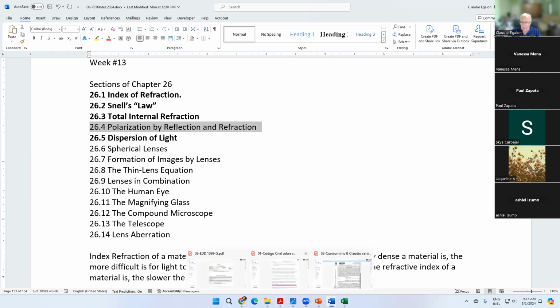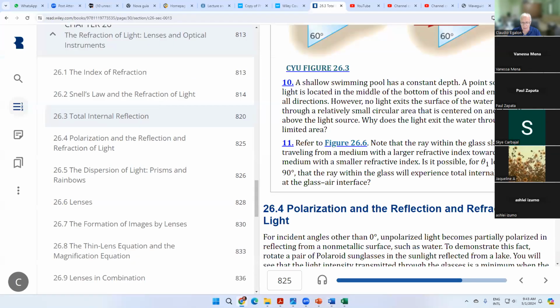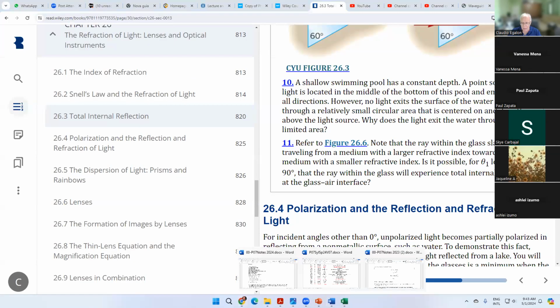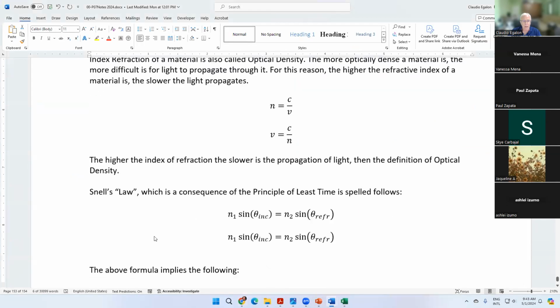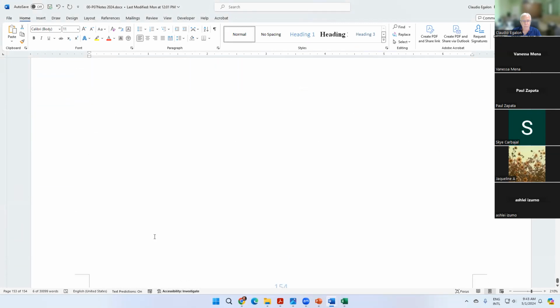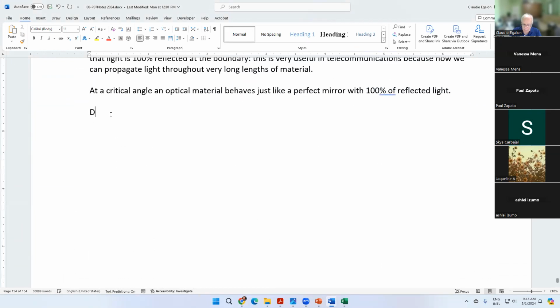It's very easy to understand dispersion of light.